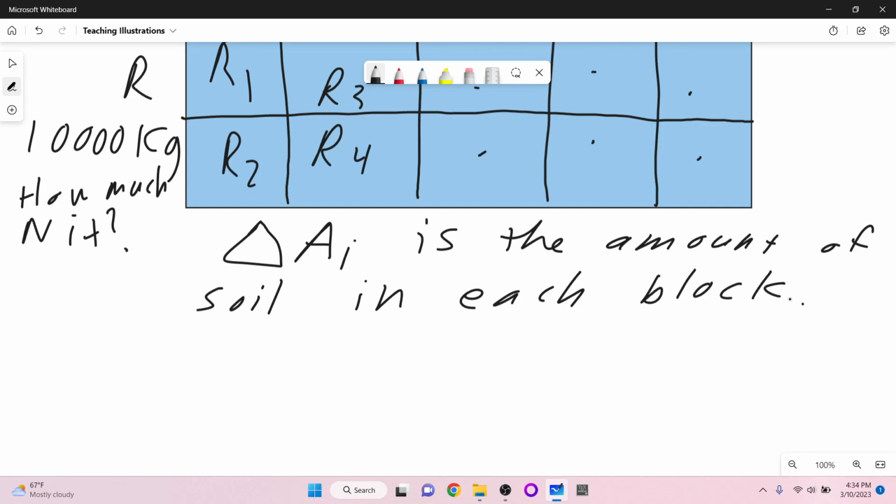The reason I'm using A is because it's just based on the area. We're assuming this is evenly the same depth everywhere, so each block has the same area and also the same volume.